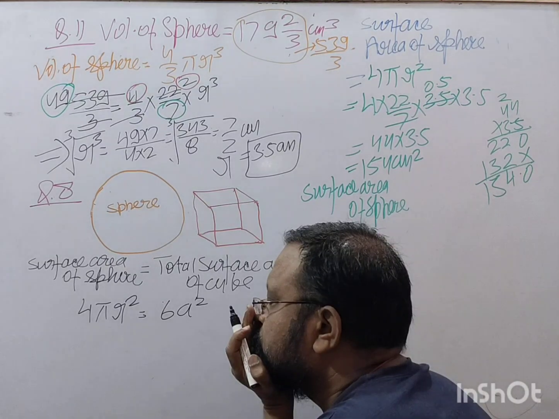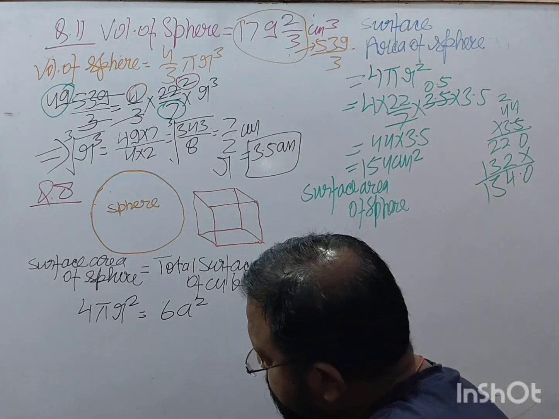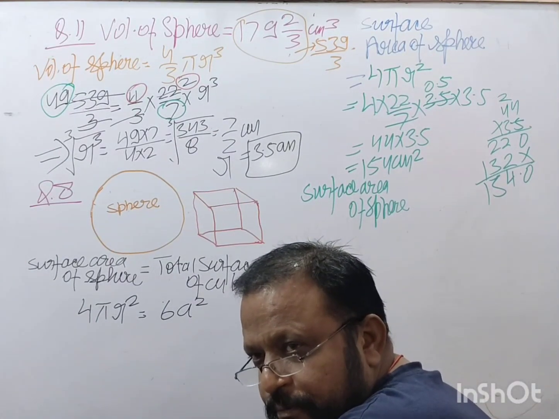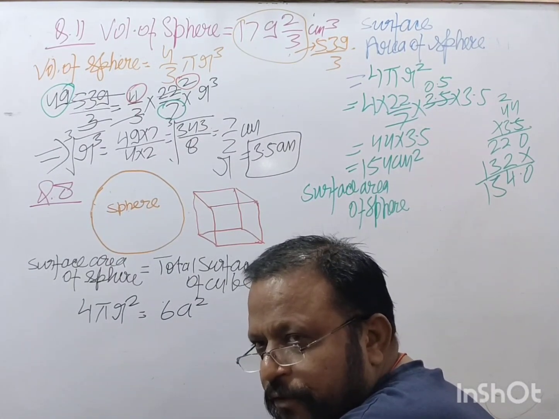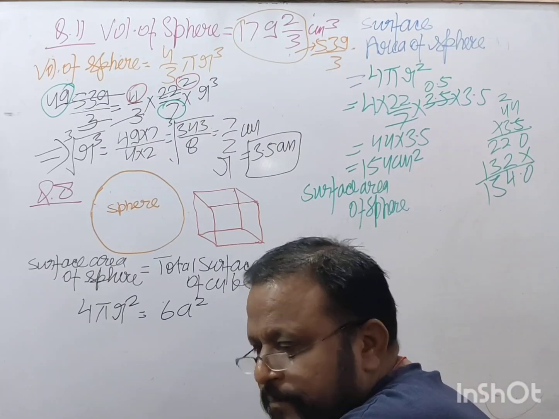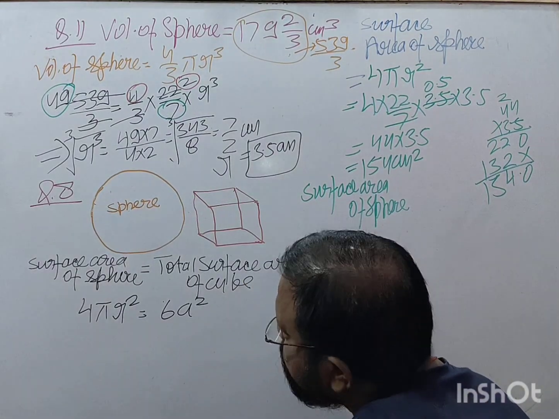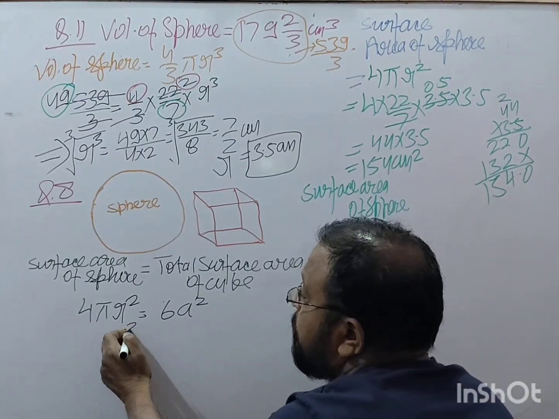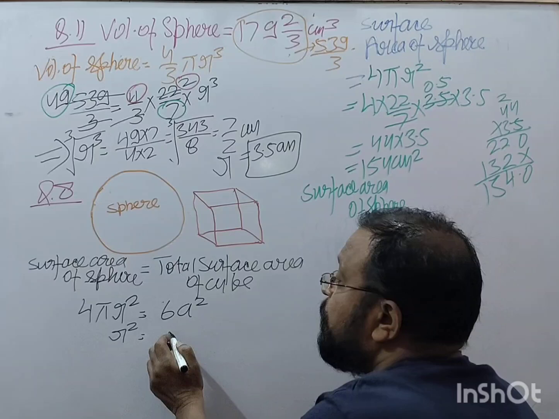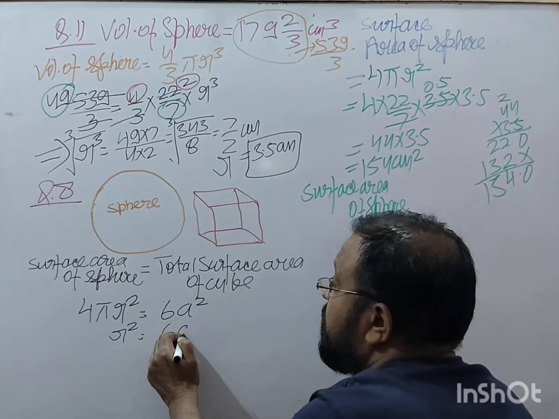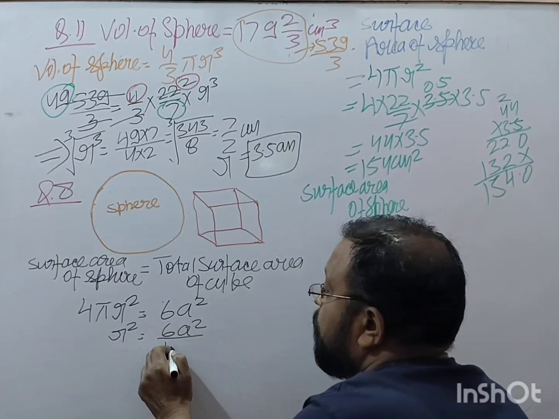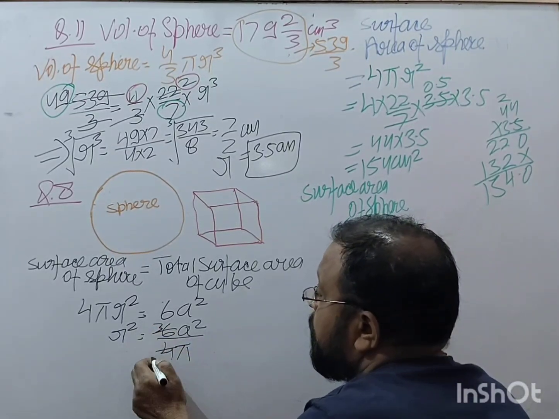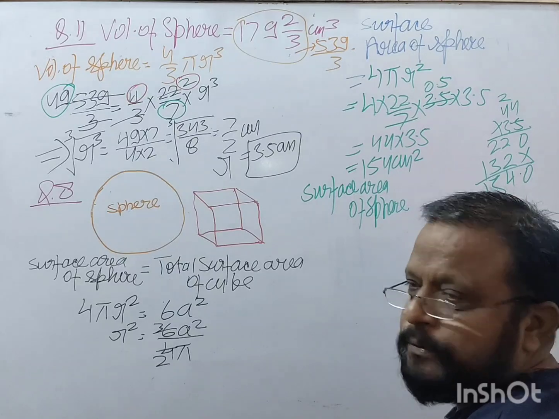You have to find ratio of their volumes. You have to show the ratio of their volumes. Is it? R square is equal to 6a square upon 4 pi, 3 by 2, right?